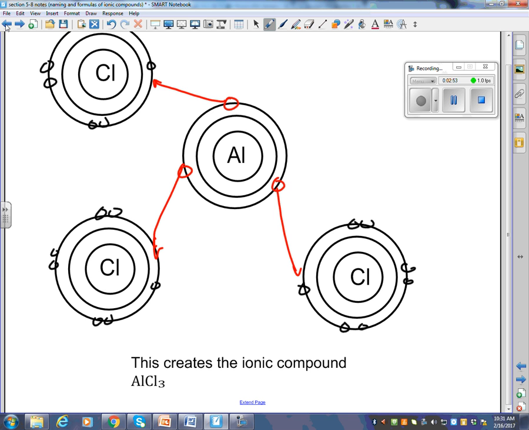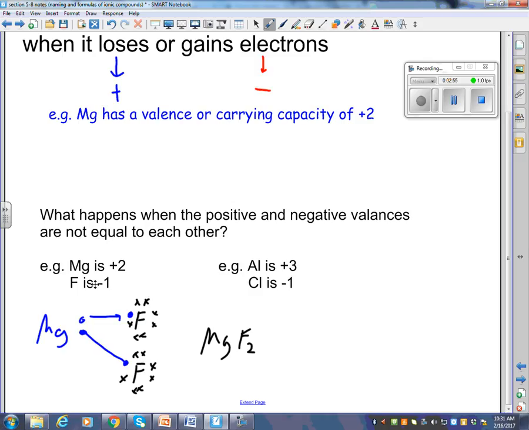Here we put the Mg first. The reason is this, or the convention, I guess, is whatever is the positive one, so you put the +1, the +2, or the +3, the metal comes first. I don't know why. Left to right. So if they're both negative, then you've got what's called a covalent bond, which we'll get to.